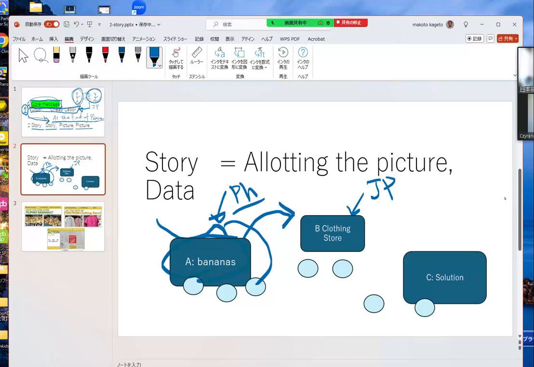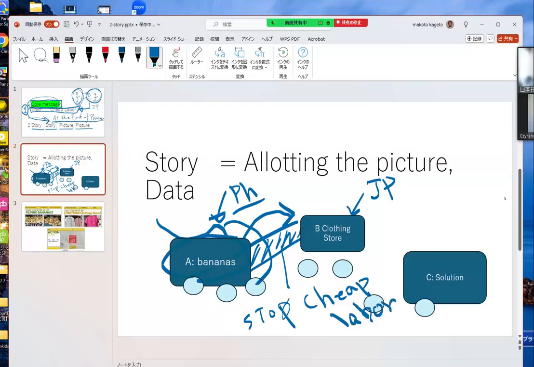Right? Stop cheap labor, right? Yes, that's right.